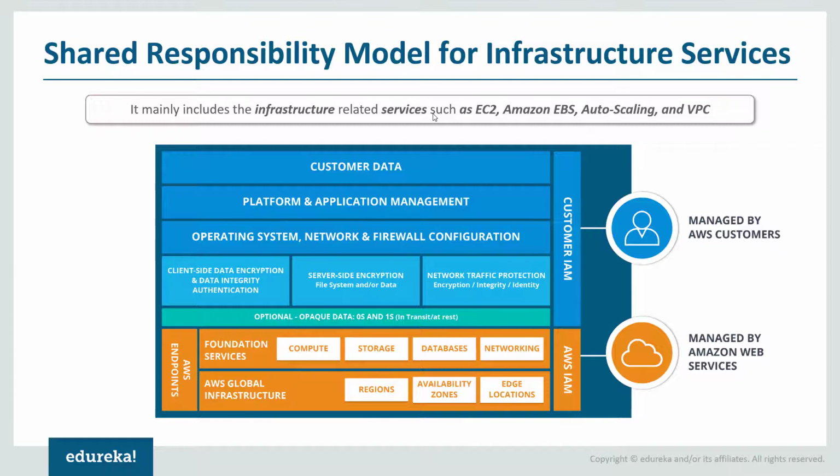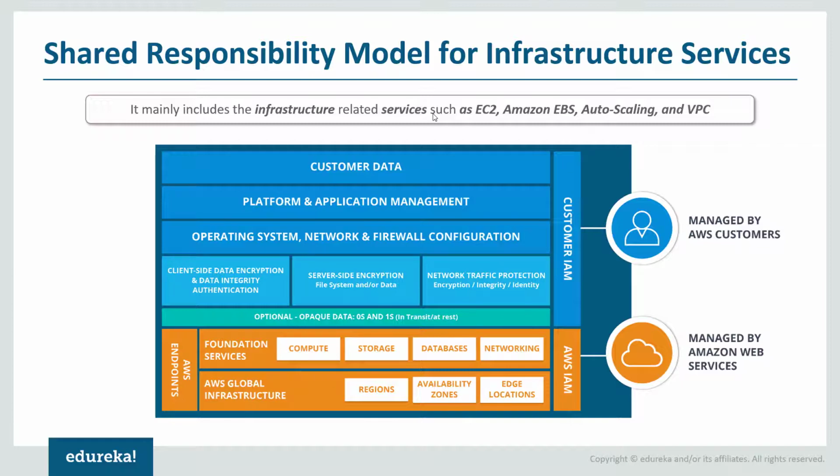If you have misconfigured network and firewall configuration, that's customer responsibility. If you have deployed an EC2 instance and installed an application and that application is performing badly, then it is the responsibility of the customer, and the data itself should also be managed by the customer in infrastructure services.